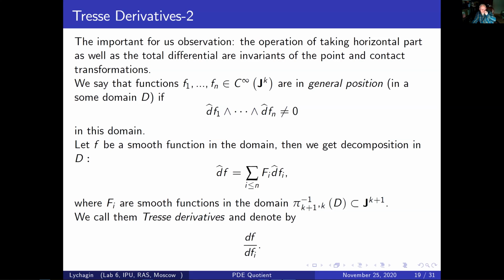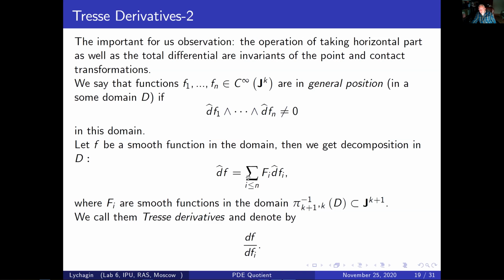Why all of this? Assume that we have invariants f1, ..., fn, and let f also be a G-invariant. As we saw, the total differential is invariant under transformation, so the left side will be G-invariant, and the right-hand side is also G-invariant.